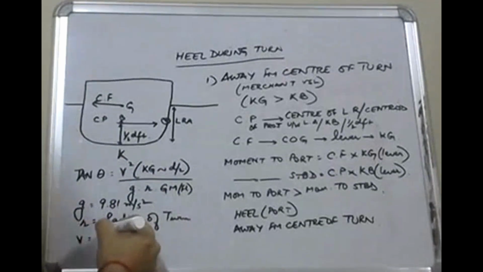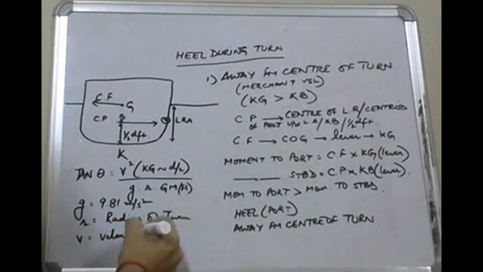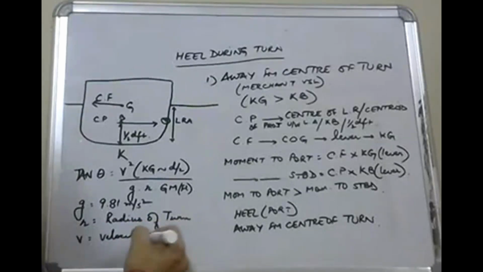V is velocity of turn in meters per second. V is the velocity. Numerical.